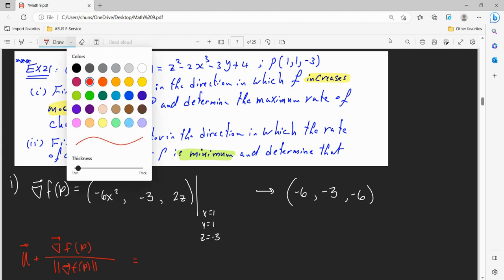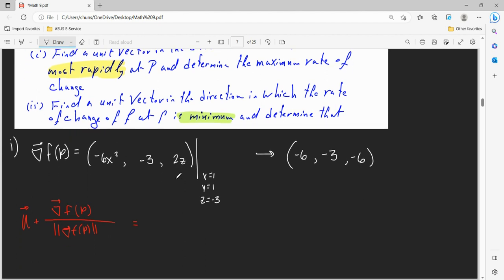So we have negative 6, negative 3, negative 6, over 36 plus 9 plus 36. This is 36 plus 36 plus 9. And this just becomes the square root of 81, which is just 9. So this is negative 6 over 9, negative 3 over 9, and negative 6 over 9.